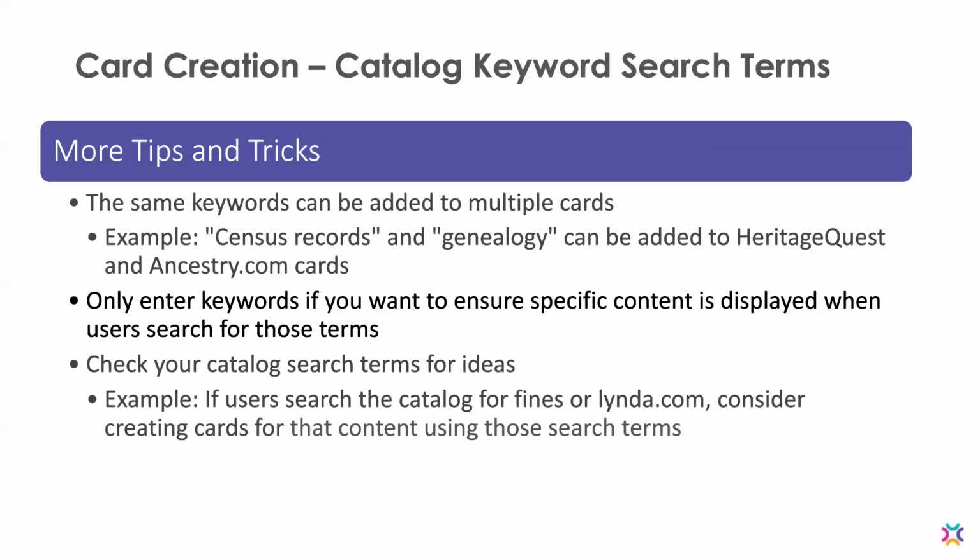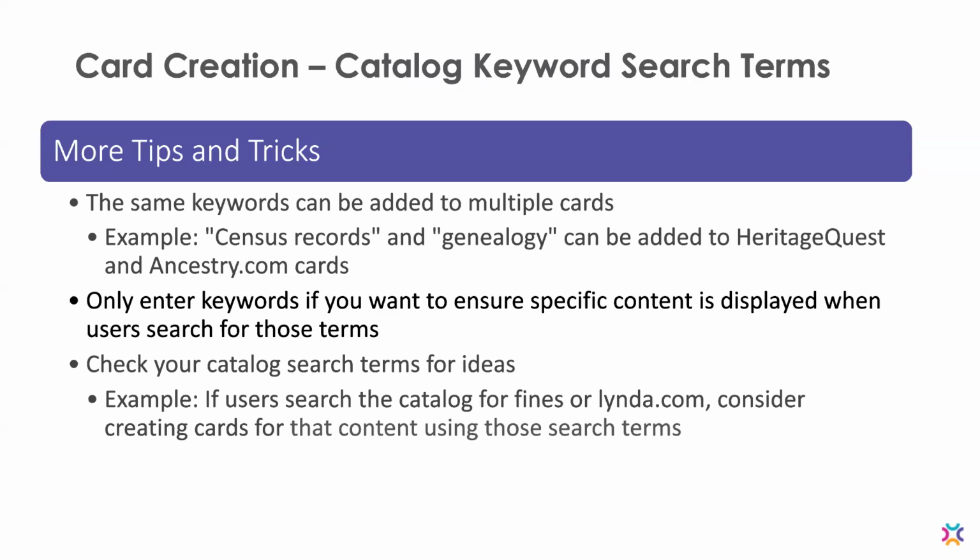The other scenario we've seen sometimes, and you'll see this after you launch, is that patrons think the search will search everything, but there's a search drop down for catalog, a search drop down for website, and a search drop down for events. So sometimes you'll see unique searches in there. They might be searching the catalog for Finds or Libby or whatever.